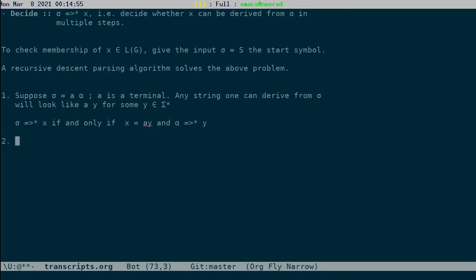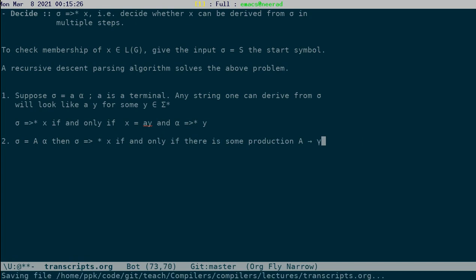Second idea is that if sigma starts with a non-terminal, say sigma looks like A alpha, then sigma derives x if and only if there is some production A to gamma such that gamma alpha derives x.